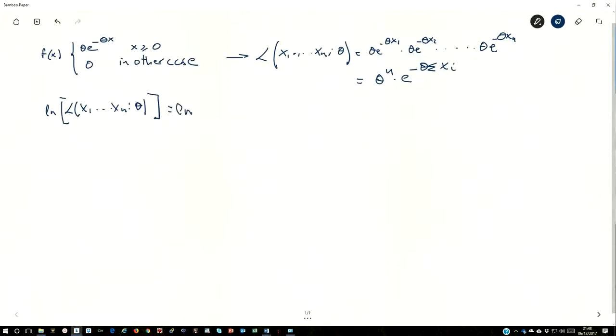If we arrange this expression, we reach the final result of theta to the power of n multiplied by e to the power of minus theta multiplied by the summation of x sub i.